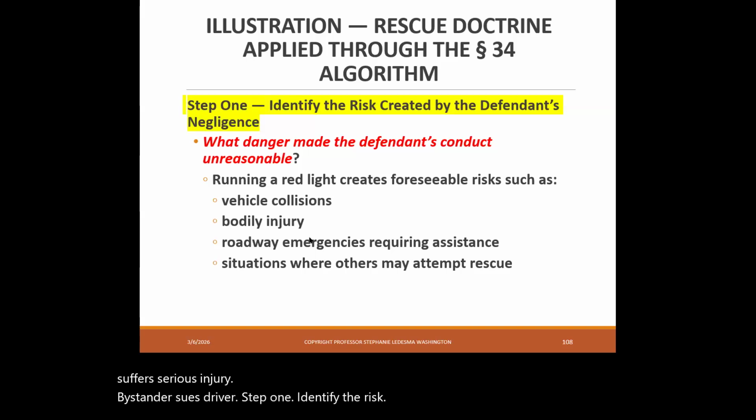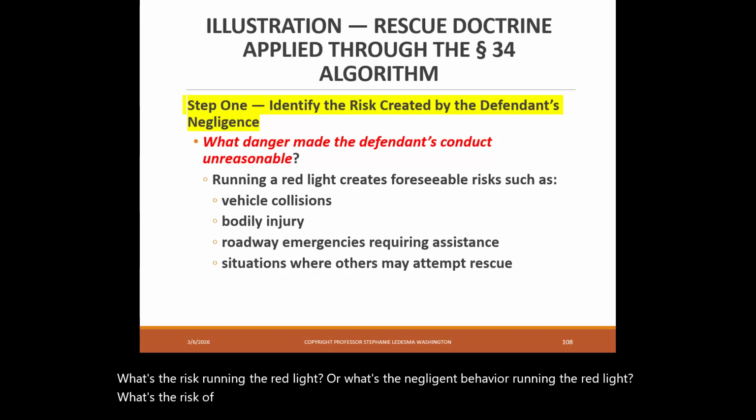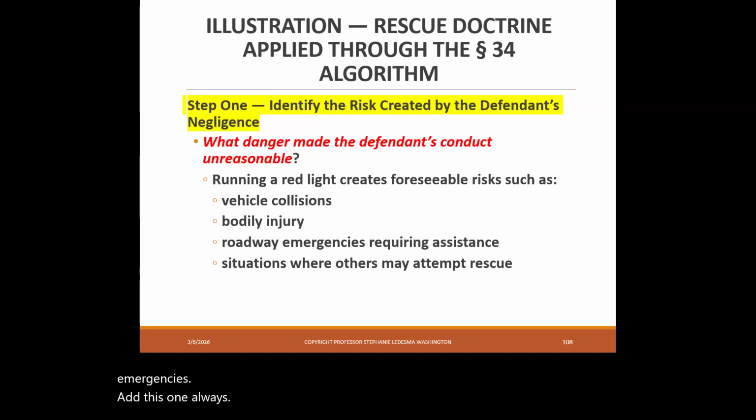Step 1, identify the risk. What's the negligent behavior? Running the red light. What's the risk of running the red light? Collisions, property damage, bodily injury, roadway emergencies. Add this one, always an attempted rescue.